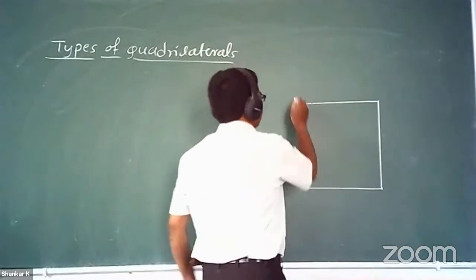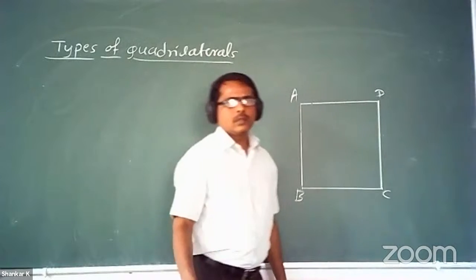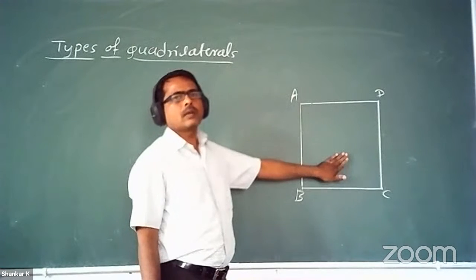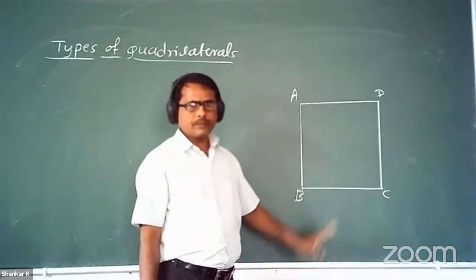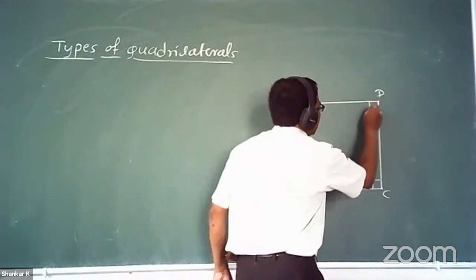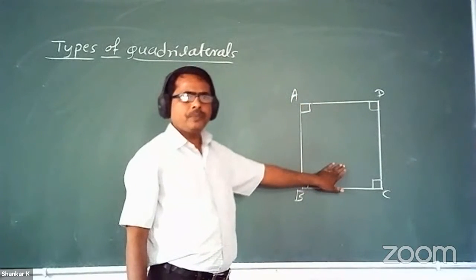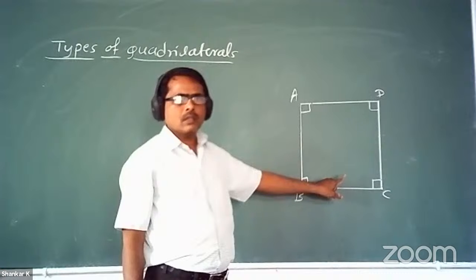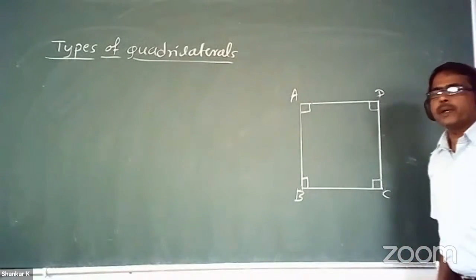It's a square ABCD. I told you a square is also a parallelogram in which all sides are equal and all angles are right angles. Here a right angle, here also a right angle. These are all right angles. A square is a parallelogram with all equal sides and all angles as right angles.